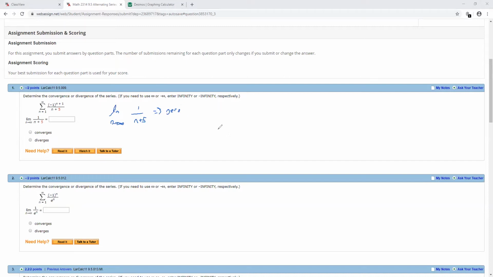Well, all that means is these points are going to be alternating above and below, positive and negative, but they're getting closer and closer to 0. And that means when we add up these terms, there's a chance that the sum will be converging to some finite number. Does that make sense?